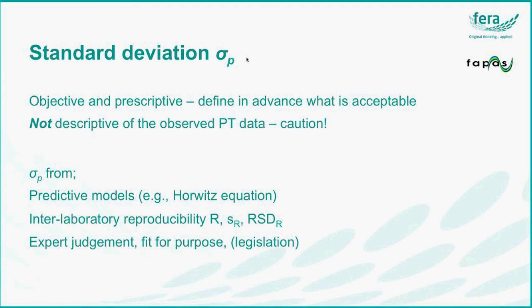That's a different kind of standard deviation. Where do we get these values from? Well, we might use predictive models, values from inter-laboratory reproducibility, typically collaborative trials, or we might use expert judgment where none of these are suitable. They might be defined in legislation.